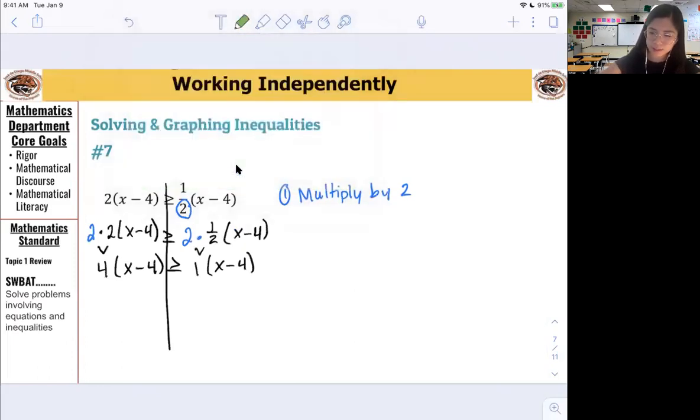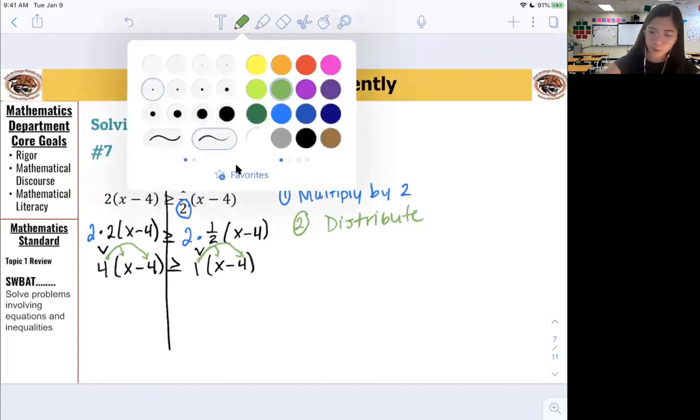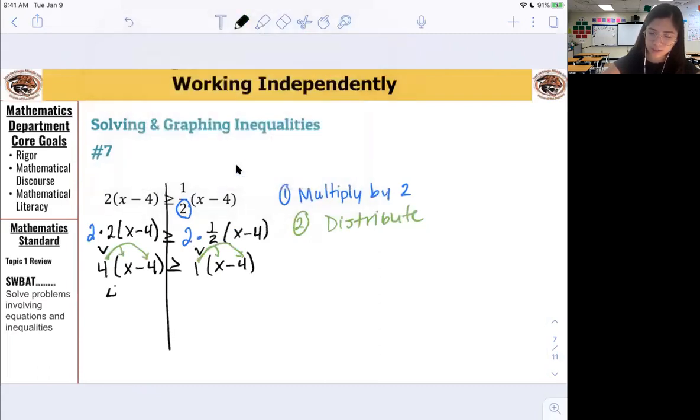Next up is my parentheses. And we know that to get rid of parentheses, we distribute. On the left side, 4 times x is 4x. 4 times -4 is -16. On the right side, 1 times x is x. 1 times -4 is -4.